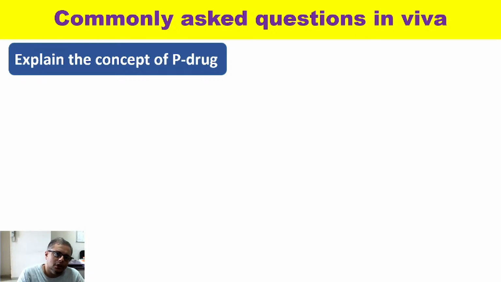The physician or prescriber has to follow these steps for the selection of the P drug for each and every condition, and after following these steps, he or she has to select a particular drug for a particular condition.